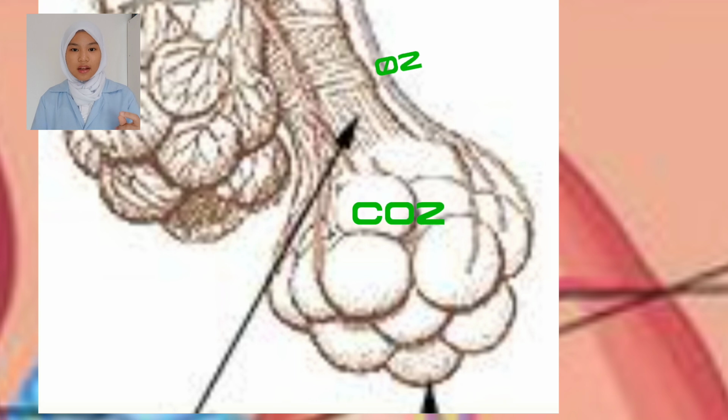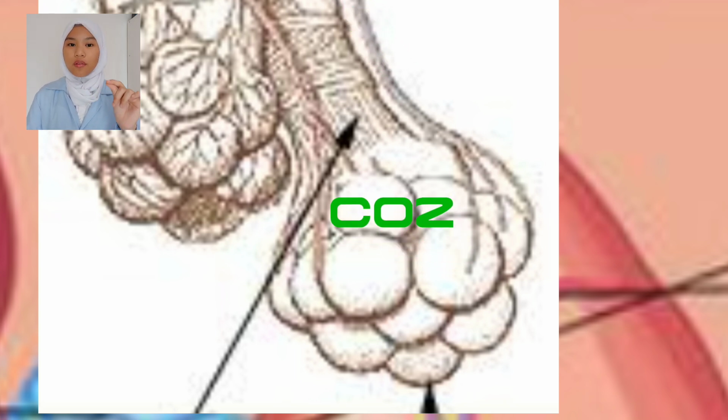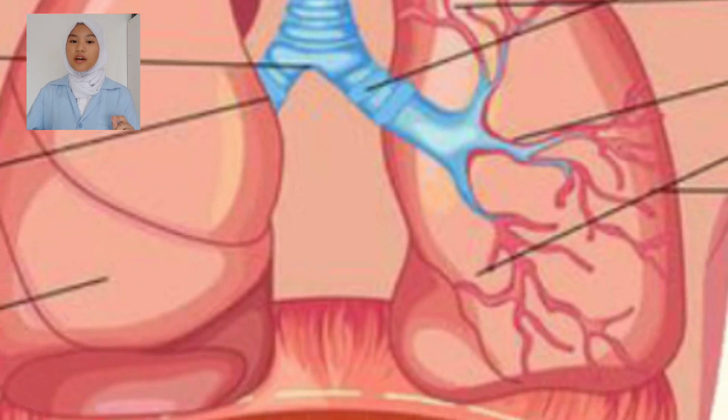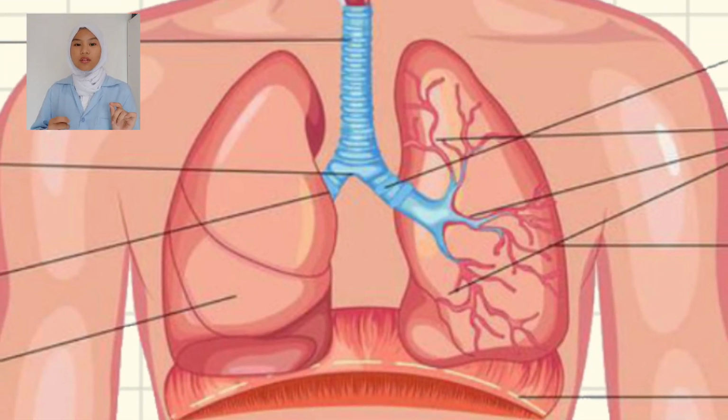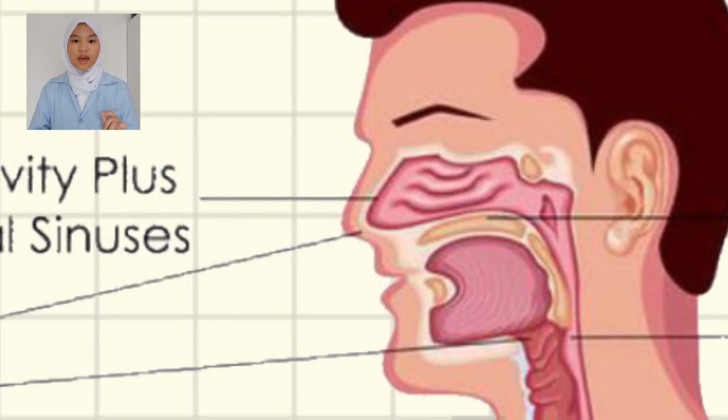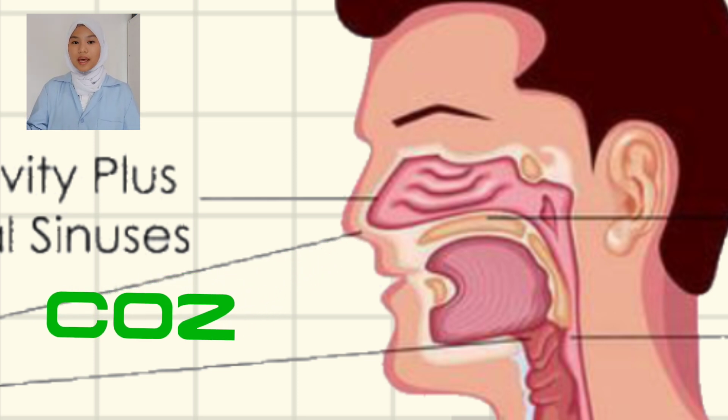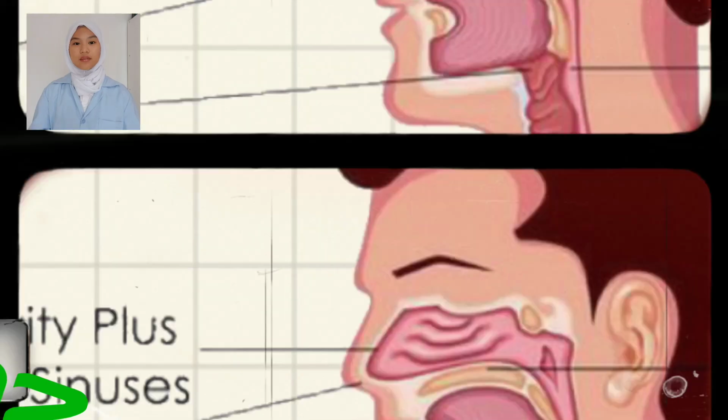After the carbon dioxide gets into the alveoli, we exhale. When we exhale, your diaphragm relaxes, reducing the chest cavity size and pushing air back out through your nose or mouth. The air that comes out from your nose and mouth is carbon dioxide. And that's how inhale and exhale works.